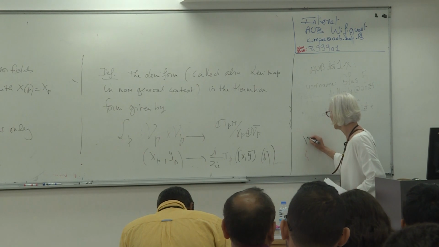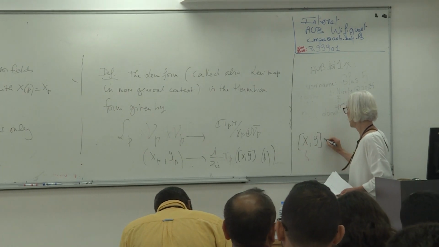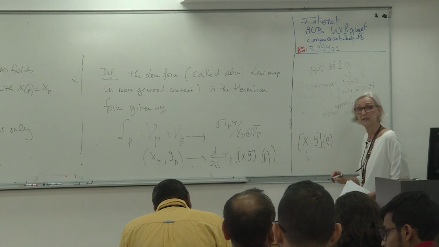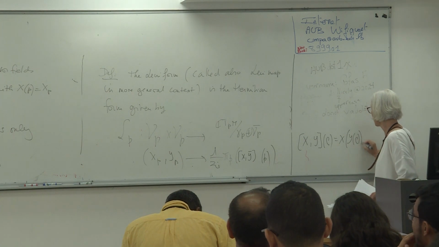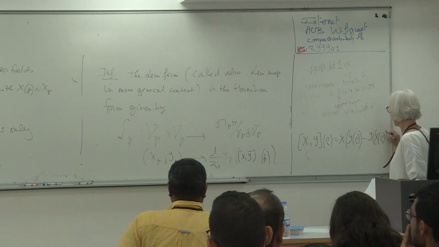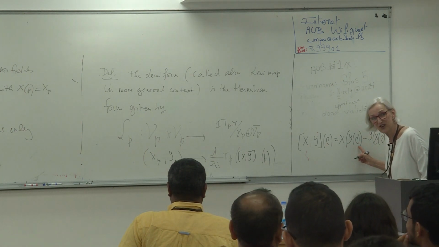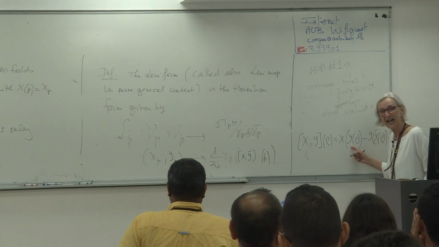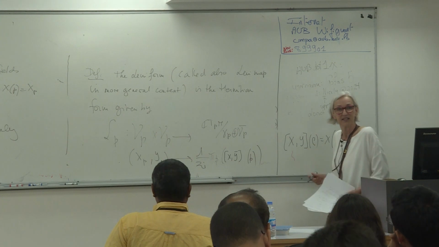So x, y applied to rho is x y rho minus y x of rho. So you see that if rho is a defining function and x and y are complex tangent vectors, this is a tangent vector space, okay?